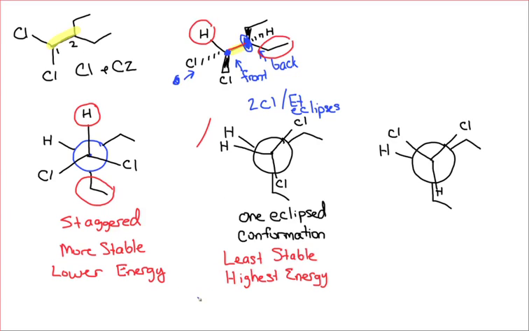So this would be high energy but more stable than this. So out of these three conformations, we could rank this as 1, 2, and 3 in terms of relative energies.